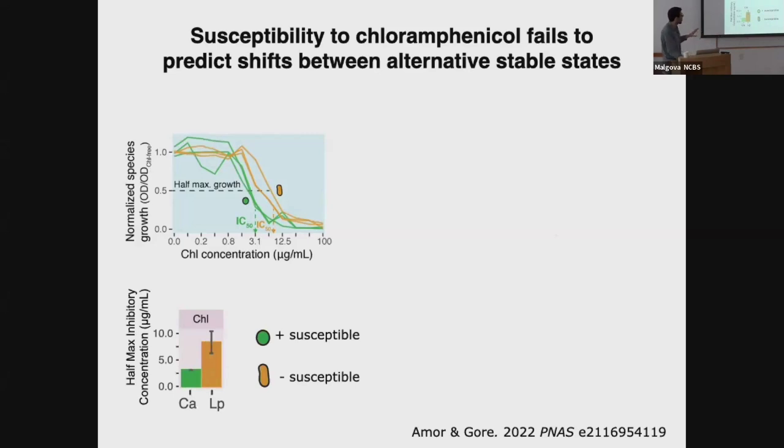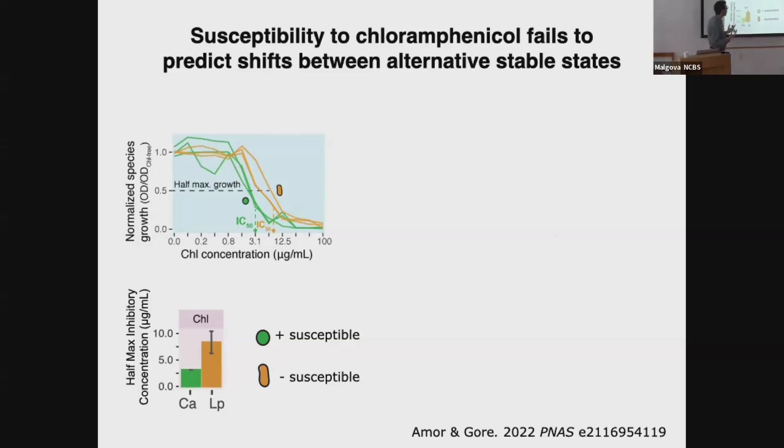To approach this question, what we did was to measure the antibiotic susceptibility of our two species to different antibiotics. Here I'm showing the case for chloramphenicol. We grow each species separately at different concentrations of the antibiotic. And we see that the growth rate of that species goes down, or the growth at saturation goes down, and it goes down at a lower concentration for the green one than for the orange one.